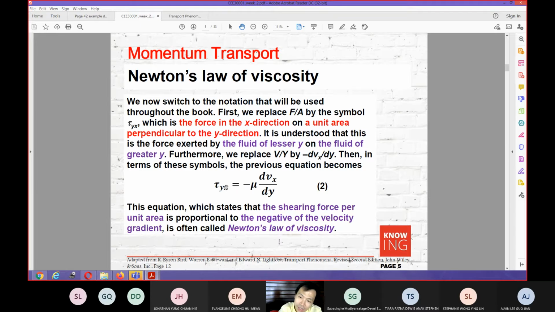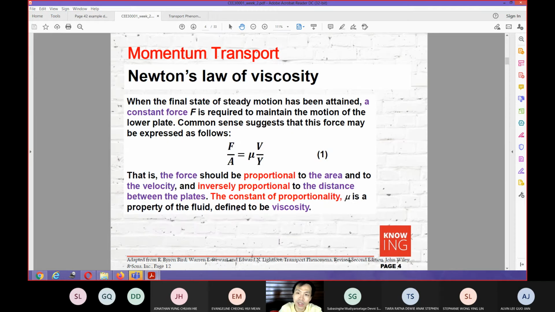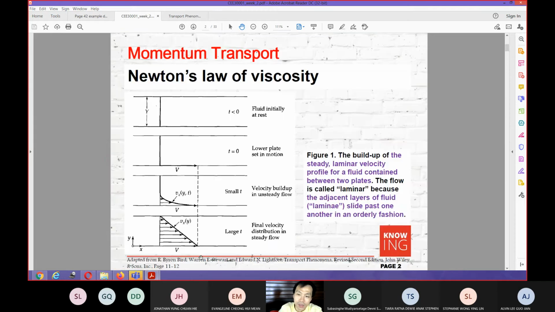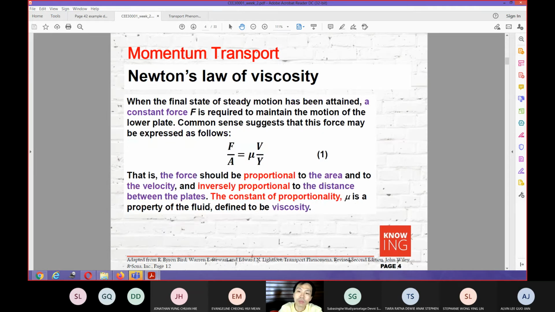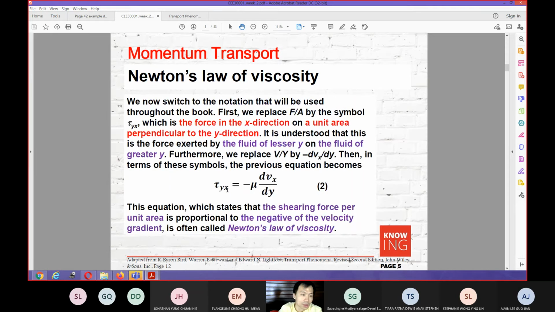So this second subscript in here indicates the direction of the momentum. The y direction in here refers to the direction of the momentum transport. So if I change these directions into z, and then these directions into x, then the momentum will be in the z direction, but the direction of the momentum transport is in the x direction.